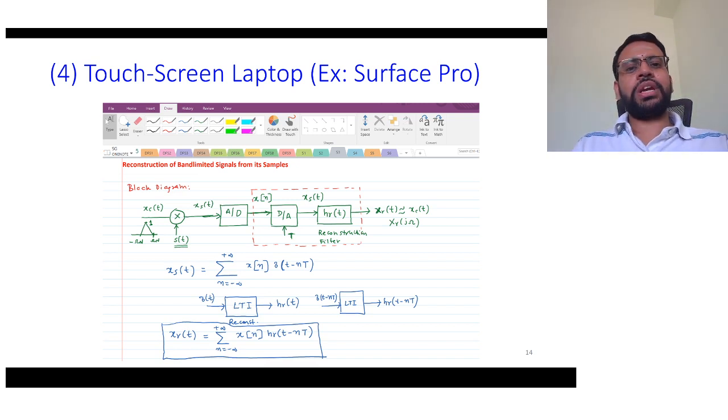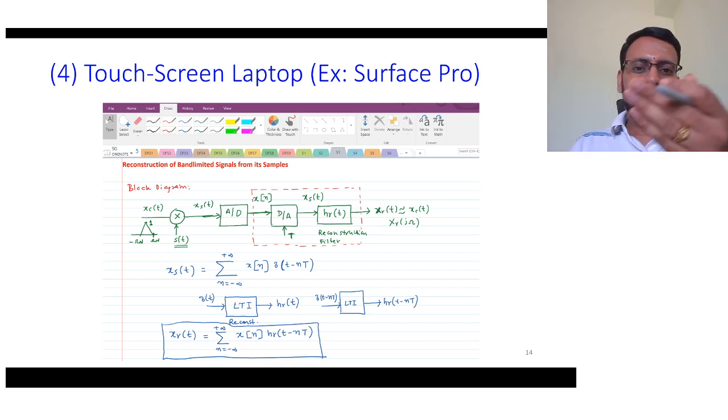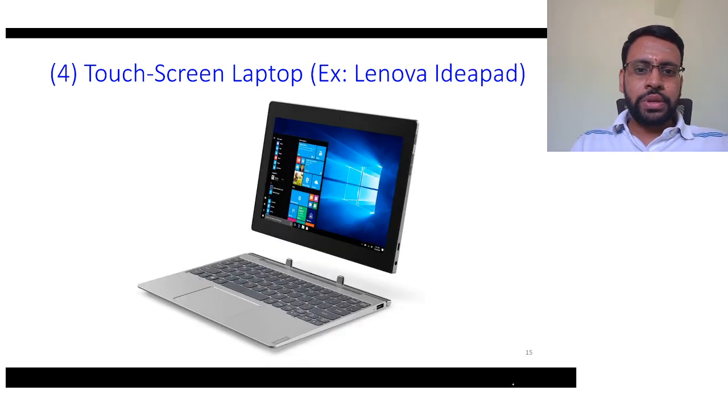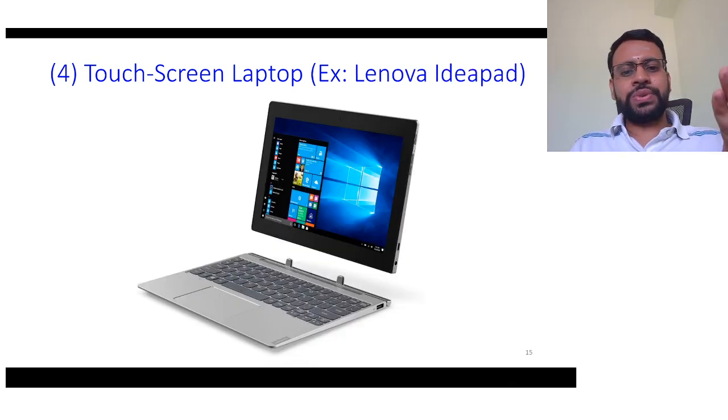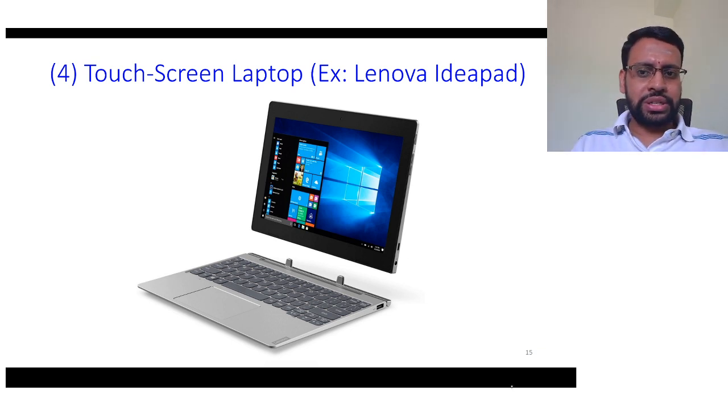Right now the recording is also done in Surface Pro. You could see the audio, the PPT, and all the things can be integrated together. As I mentioned, this is not the only one. For example, you have Lenovo IdeaPad, and HP has certain things, and there are a lot of models.